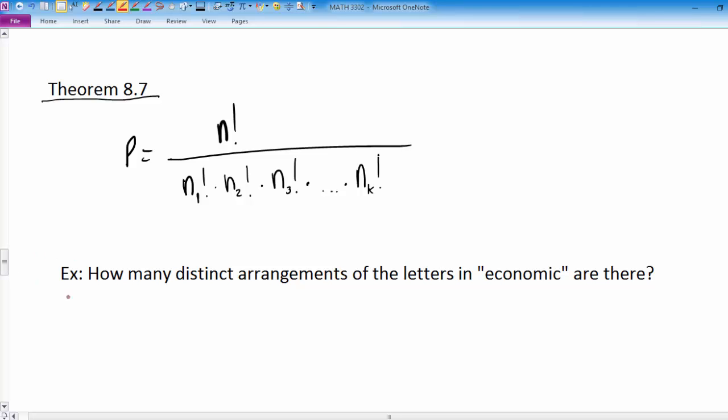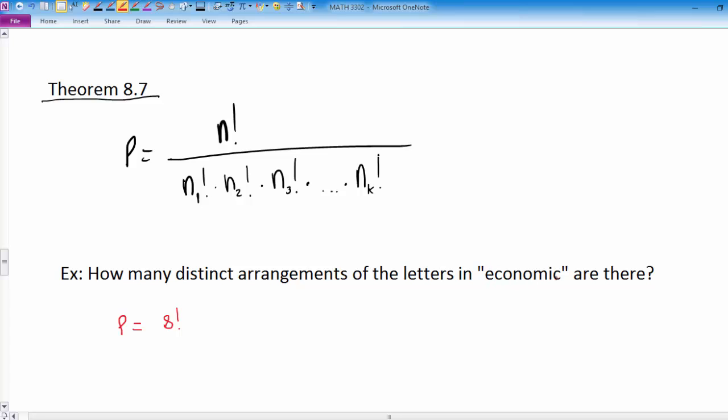And here is an example. How many distinct arrangements of the letters in the word economic are there? So the word economic has 8 letters, but some of them are repeated. As you can see, there are 2 O's and there are 2 C's. So we can find the number of arrangements by doing 8 factorial.